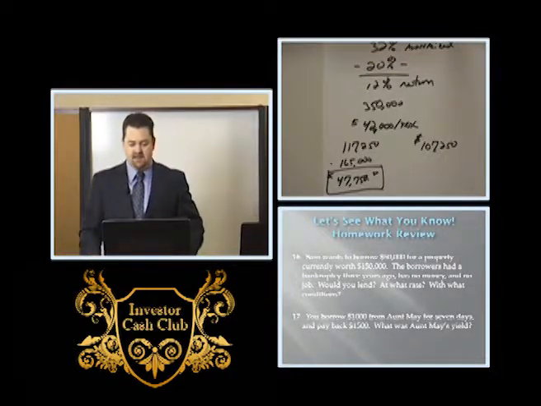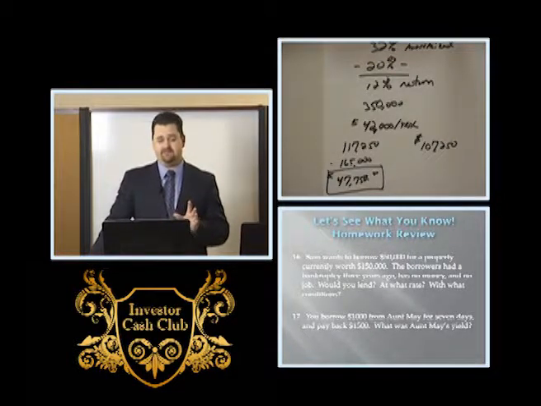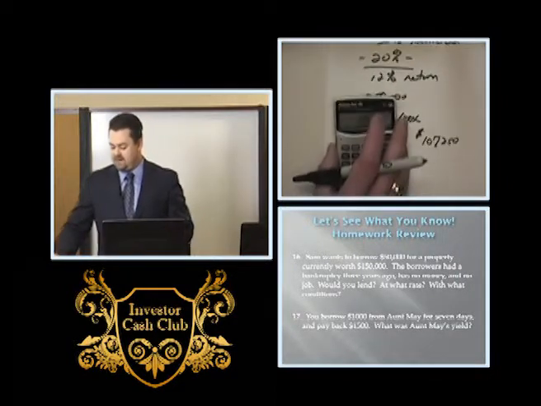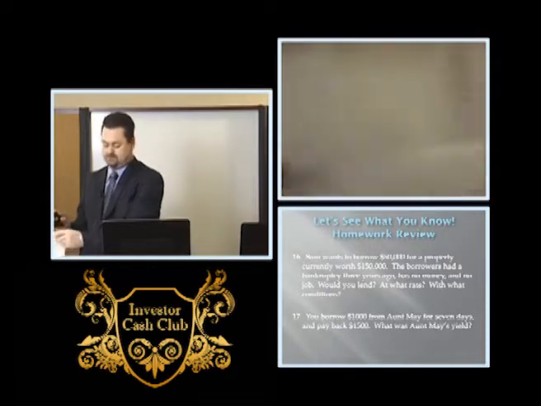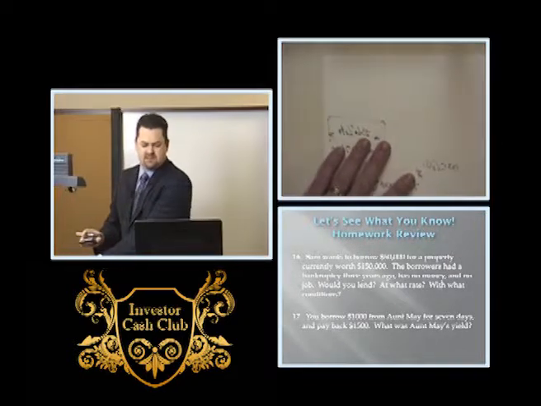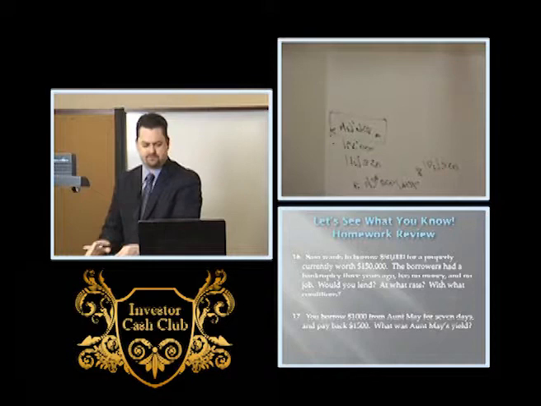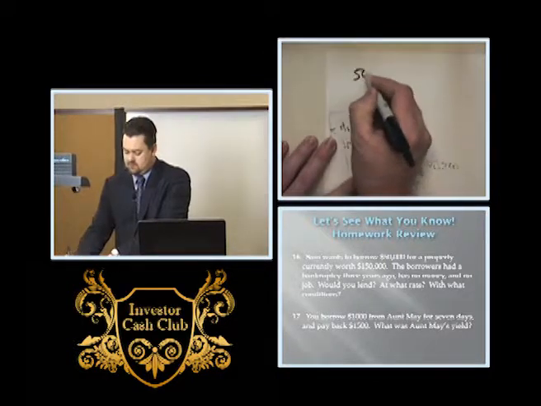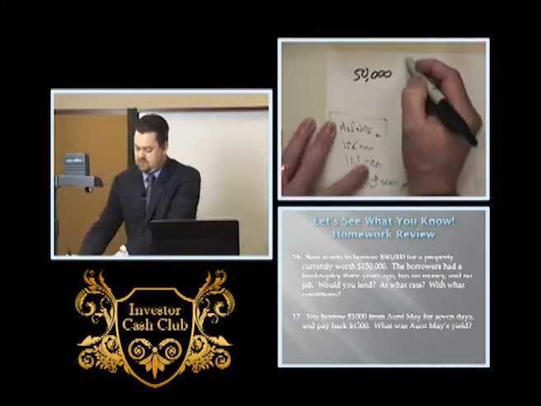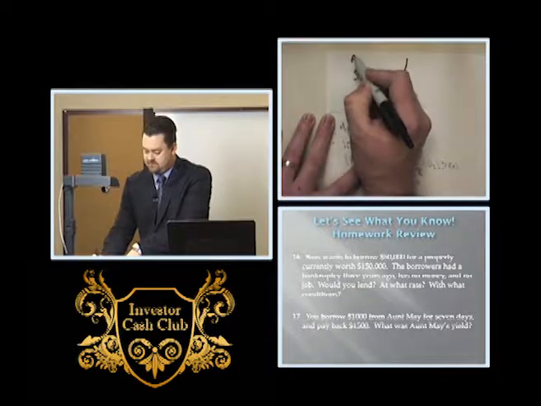I'll tell you this, guys: if the property is worth $150,000 as it sits, it's worth $150,000 as it sits. If this is an acquisition loan and he's got nothing to put into it, going back to what we can lend, if he needs to borrow $50,000, here's how this works.